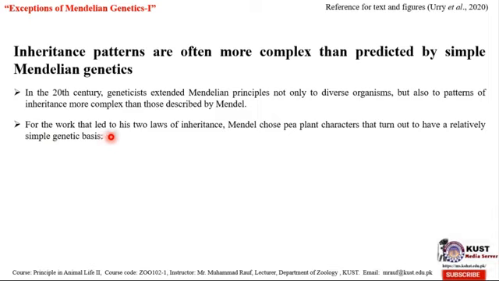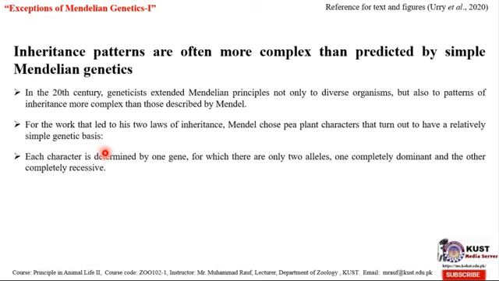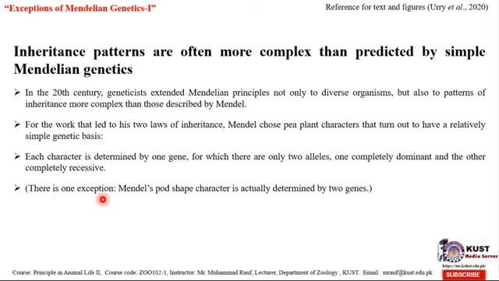For the work that led to his two laws of inheritance, Mendel chose pea plant characters. They turn out to have a relatively simple genetic basis. Each character is determined by one gene for which there are only two alleles, one completely dominant and the other completely recessive. There is one exception: Mendel's seed shape character is actually determined by two genes.